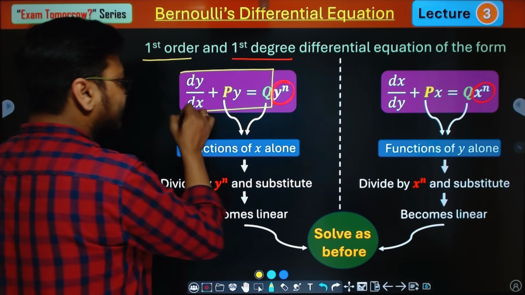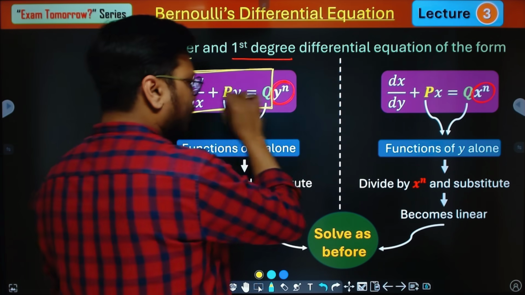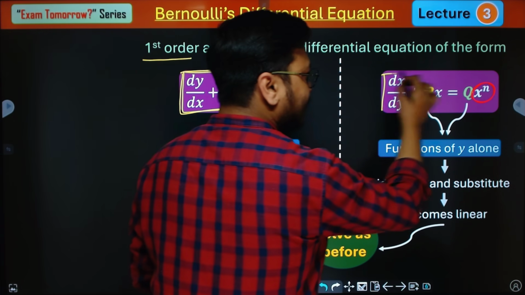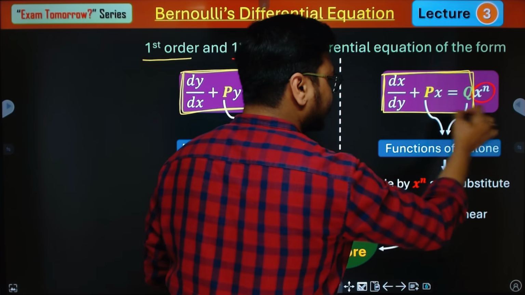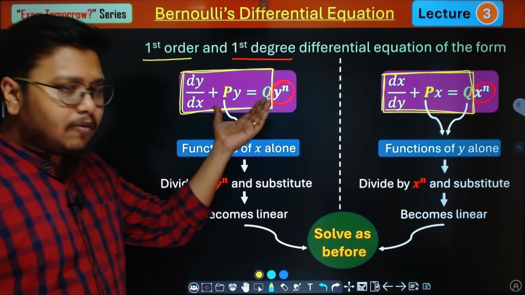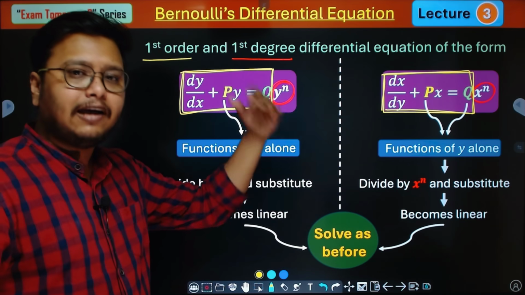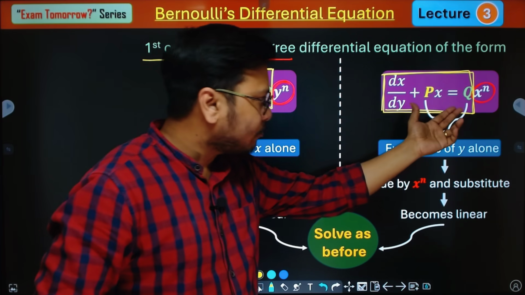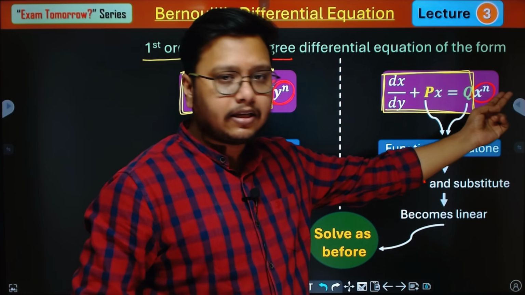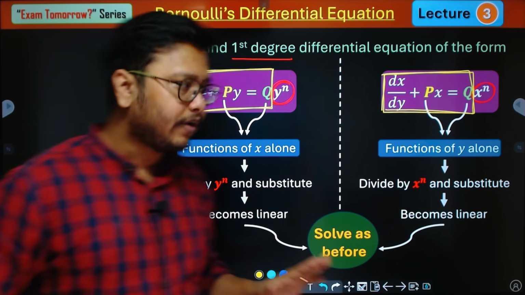This part is the same as linear in y and this is the same as linear in x. Okay, so it's almost linear in y but multiplied with a y to the higher power on the right side. This is almost linear in x but multiplied with an x to the higher power, right?